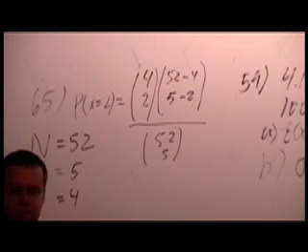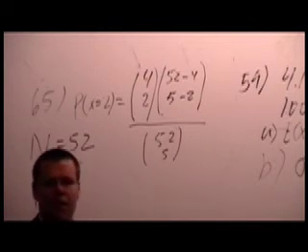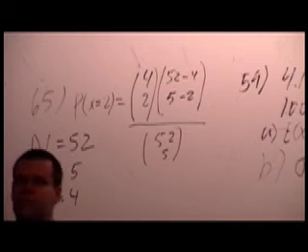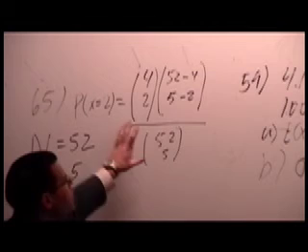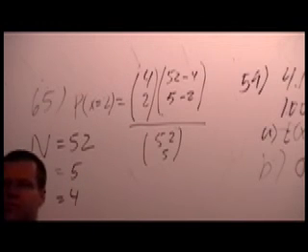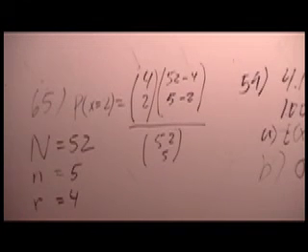I think we spent plenty of time last week going through that type of thinking, so let's instead focus on what changes. When we find the probability of 1 ace, what changes in our formula? R is still the number of aces in the deck, there are still 4 aces.